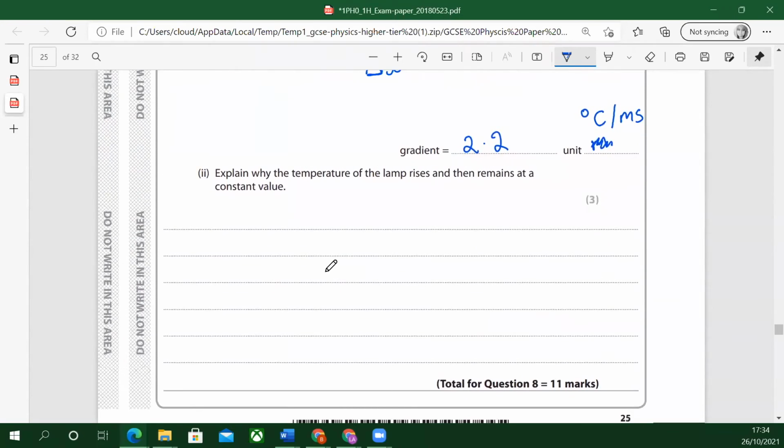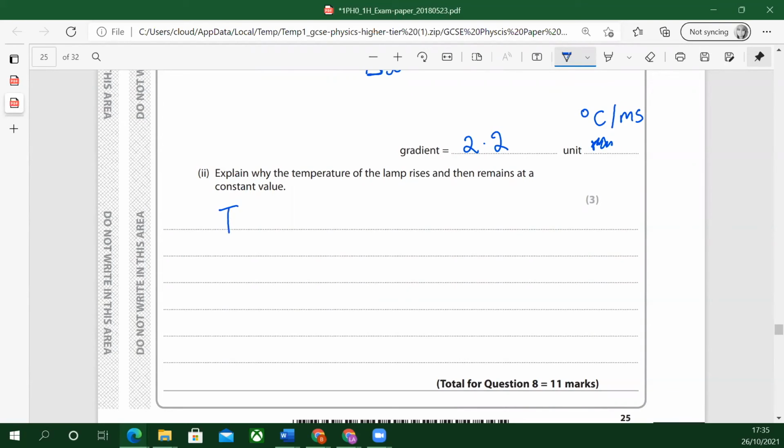Okay, so explain why the temperature of the lamp rises and then remains at a constant value. So again, this is one that's not always well answered by students. I've seen lots of questions like this. So let's just think about it together. So the temperature rises. Why does it rise in the first place? The temperature rises because the rate of energy being supplied to the lamp, let's write this down.